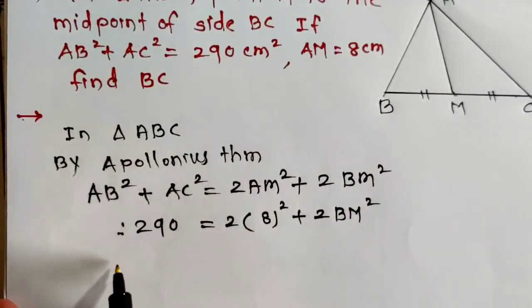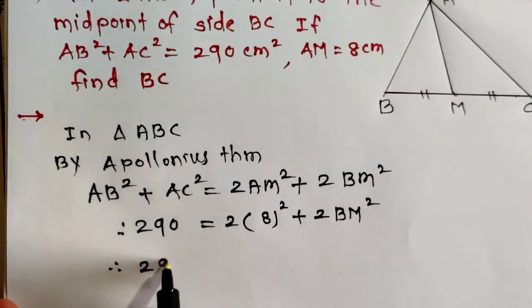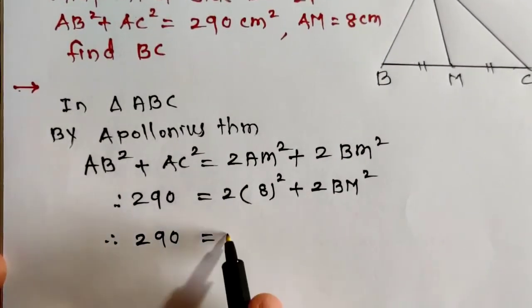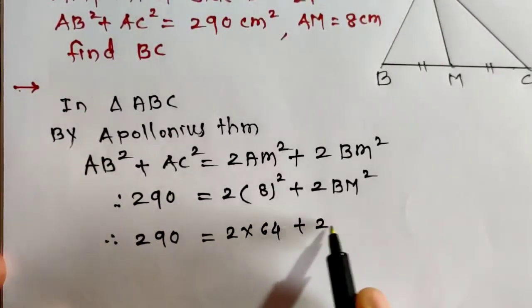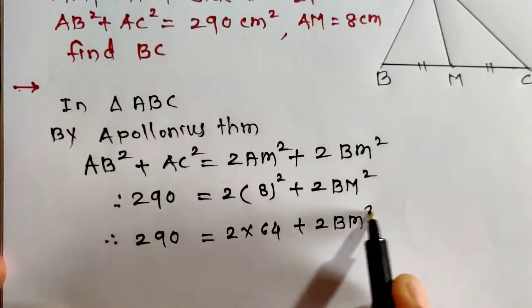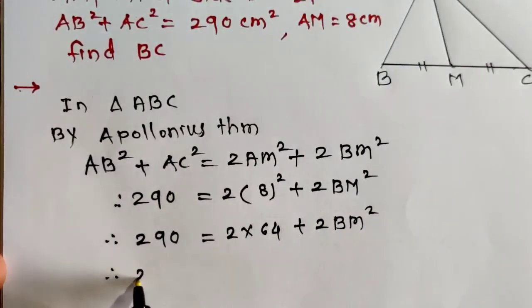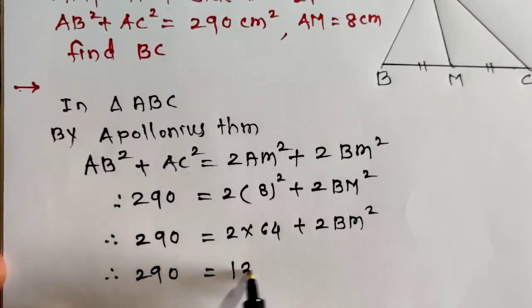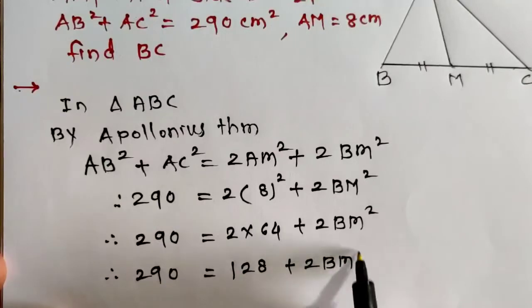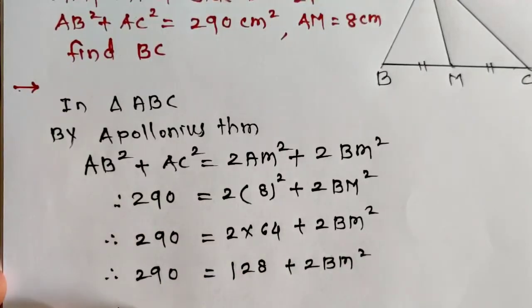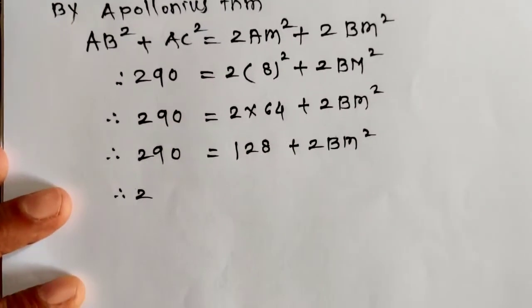Now simplify. 290 is equal to 2 into 64 plus 2 BM square. Therefore 290 is equal to 64 2s are 128 plus 2 BM square. Therefore we get 2 BM square.